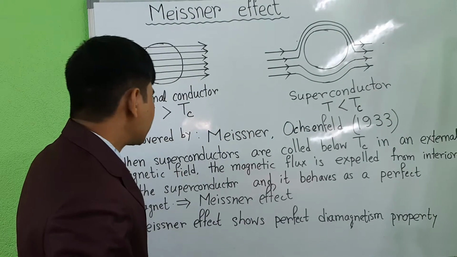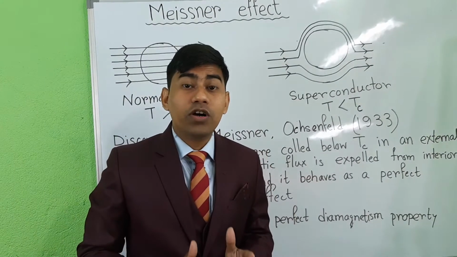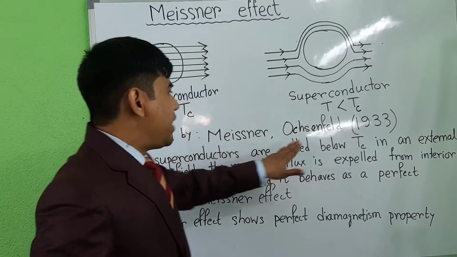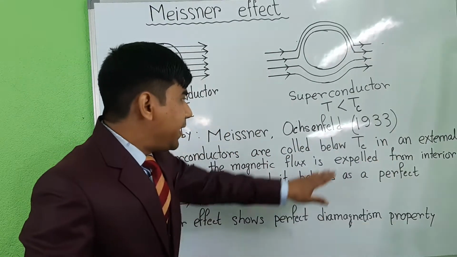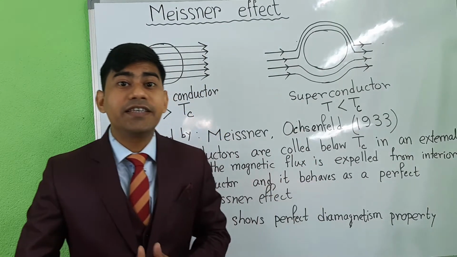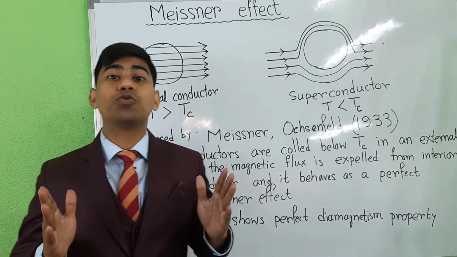This phenomenon was first observed by two scientists, Meissner and Rosenfeld, in 1933, after extensive studies on the magnetic properties of superconductors.